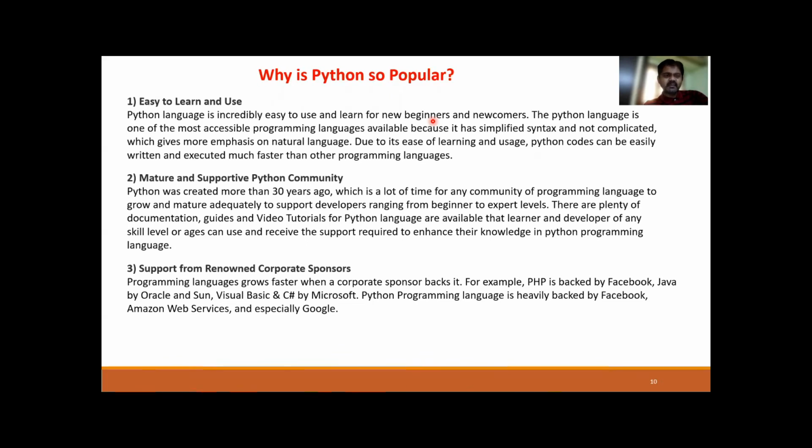Python is the most accessible programming language because it has simplified syntax that is not complicated, which gives more emphasis to natural language. Due to its ease of learning and usage, Python code can be written and executed much faster than in other programming languages.